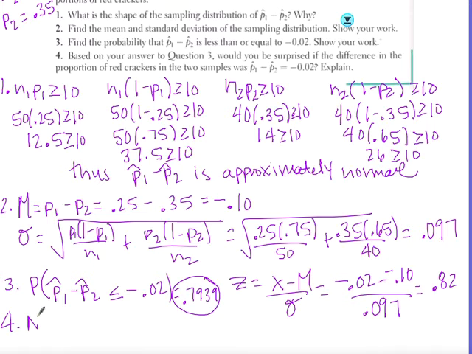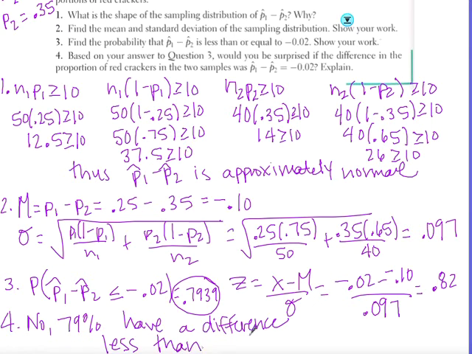For that, we would say no, we would not be surprised if the difference in the proportion of red crackers in the two samples was p hat 1 minus p hat 2 equals negative 0.02, because 79% have a difference less than negative 0.02. So that's basically just saying, what does the value that you calculated in number 3 mean?